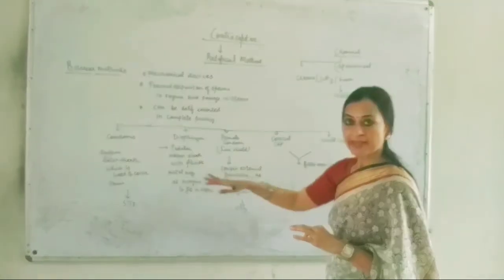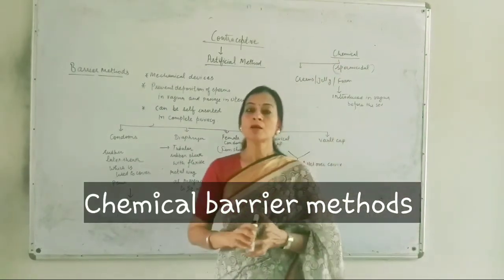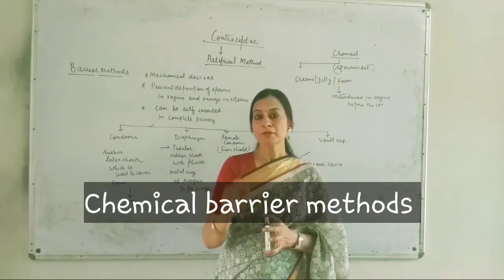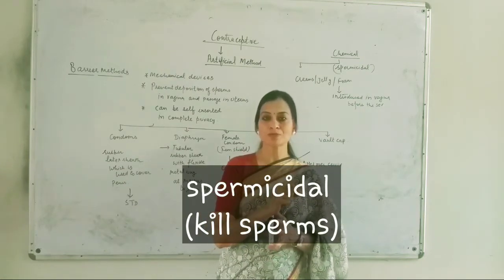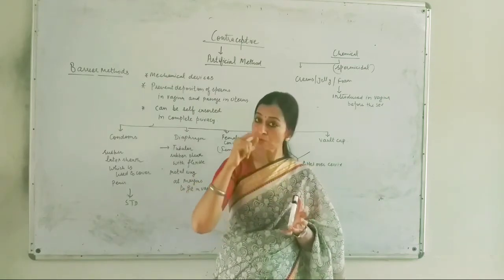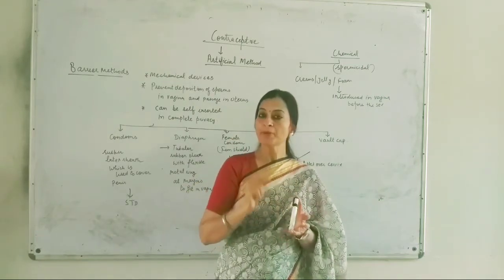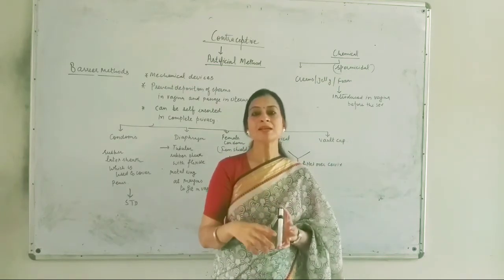Then there is another type of barrier method. The ones above are mechanical devices, but there are also some chemicals available. These chemicals are spermicidal in nature, meaning they kill the sperms. They do not prevent entry of the sperms; sperms will enter the body, but they will be immediately killed by these spermicidal chemicals.